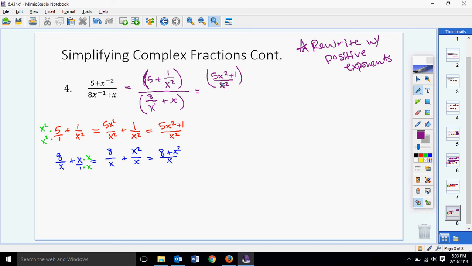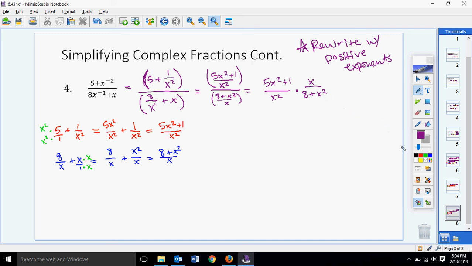Now remember, all we did was just add these two fractions in the top and in the bottom. Now I'm ready to keep, change, flip. Keep the numerator, change division to multiplication, and flip the denominator.